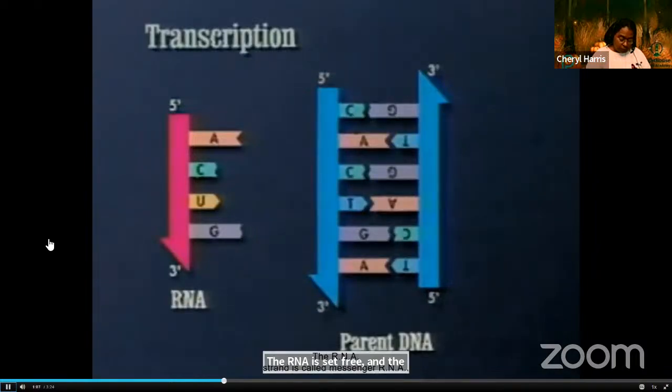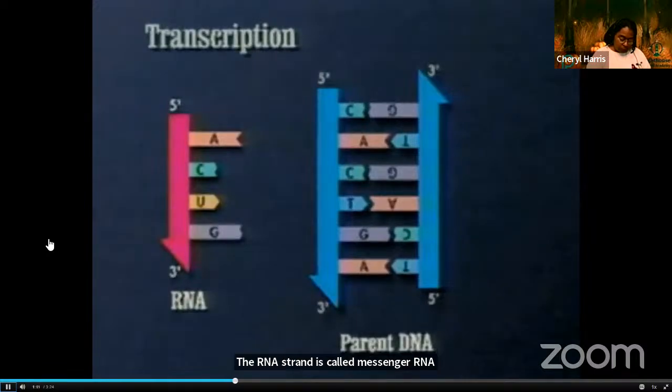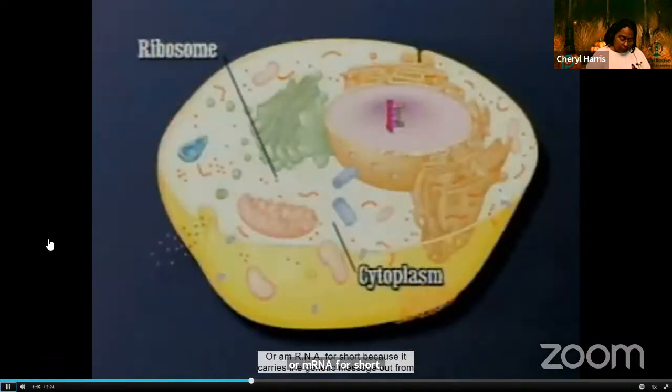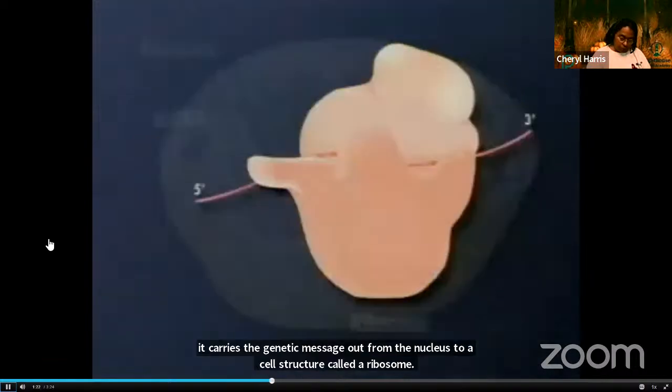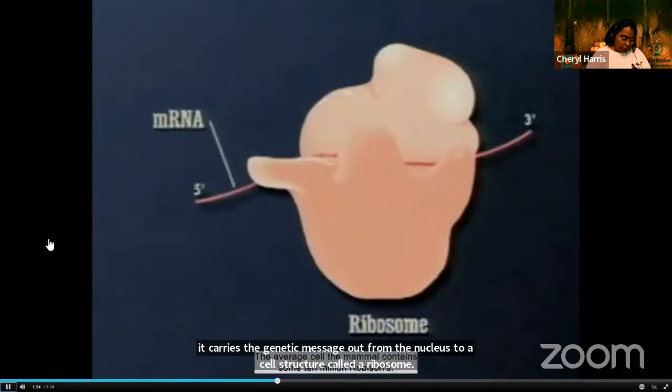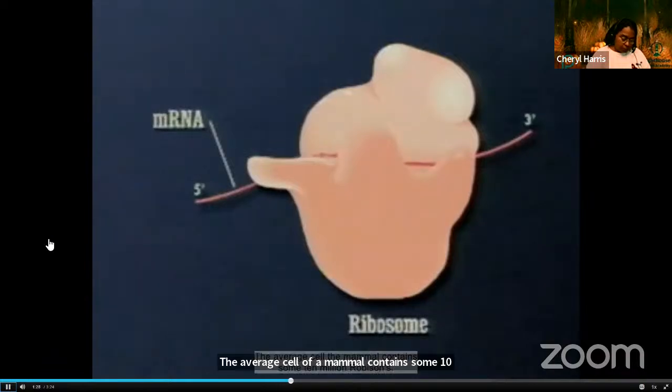The RNA strand is called messenger RNA, or mRNA for short, because it carries the genetic message out from the nucleus to a cell structure called a ribosome, where the protein is built. The average cell of a mammal contains some 10 million ribosomes.